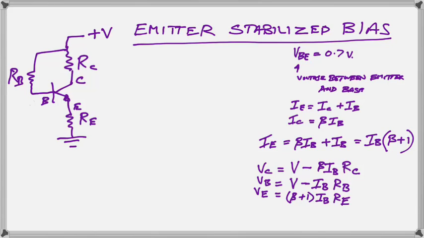Okay, the collector voltage is the same. The base voltage now we will define as the V minus whatever is dropped across the IBRB. And the emitter voltage, it will have a voltage this time, will be the emitter current, which is beta plus 1 times IB times the emitter resistance RE.